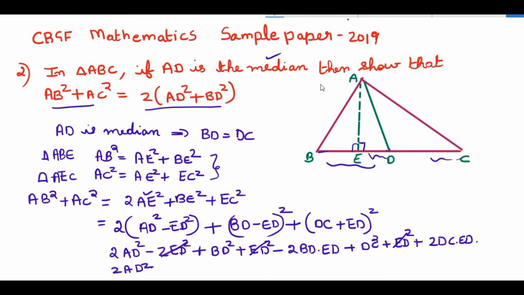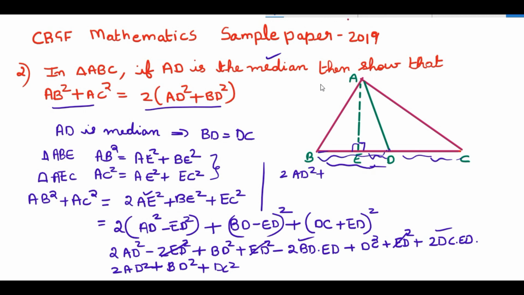So next I can write BD square plus DC square. This and this will get cancelled because BD into ED is same as DC into ED. Now this I can simplify as 2AD square plus BD square plus CD square.